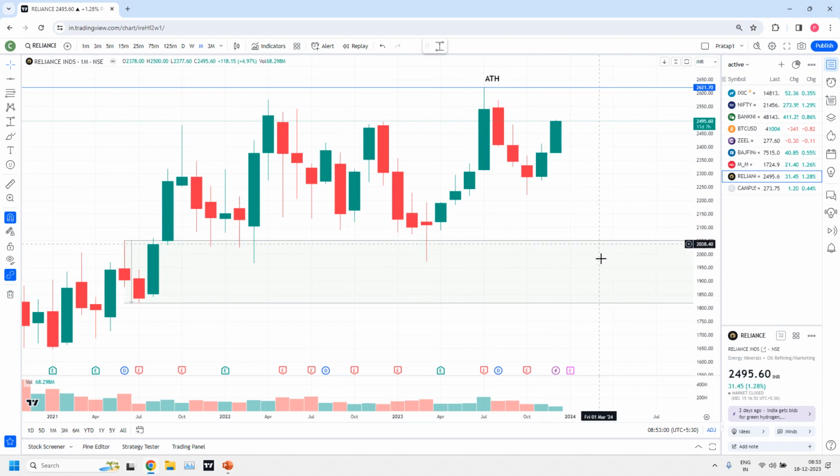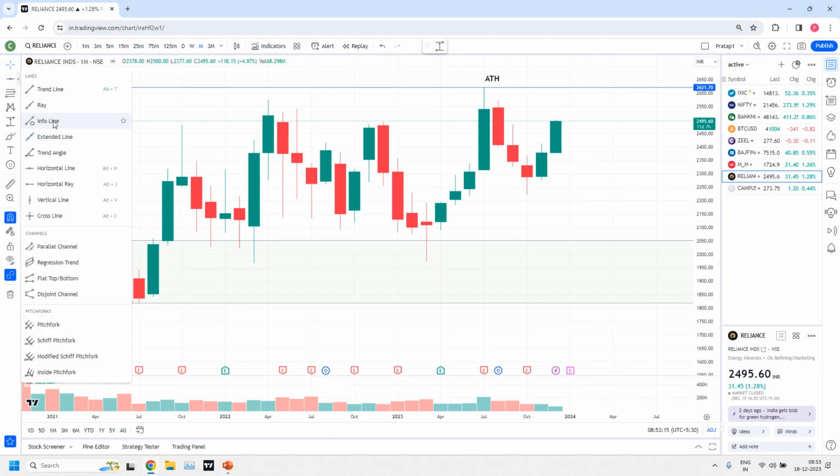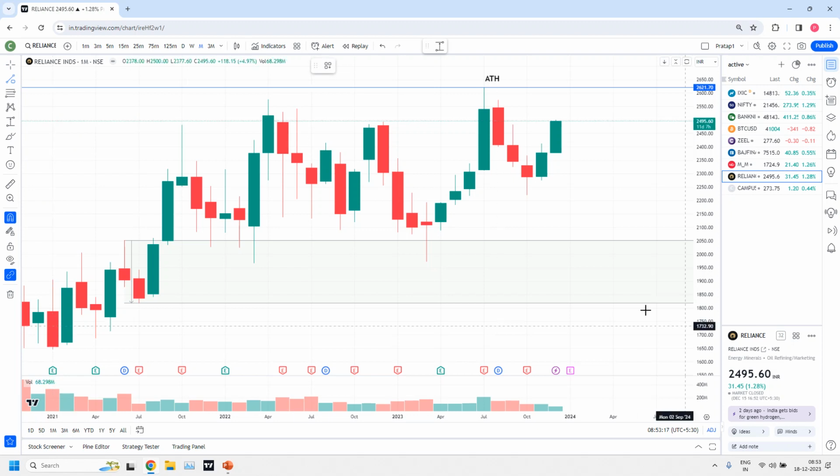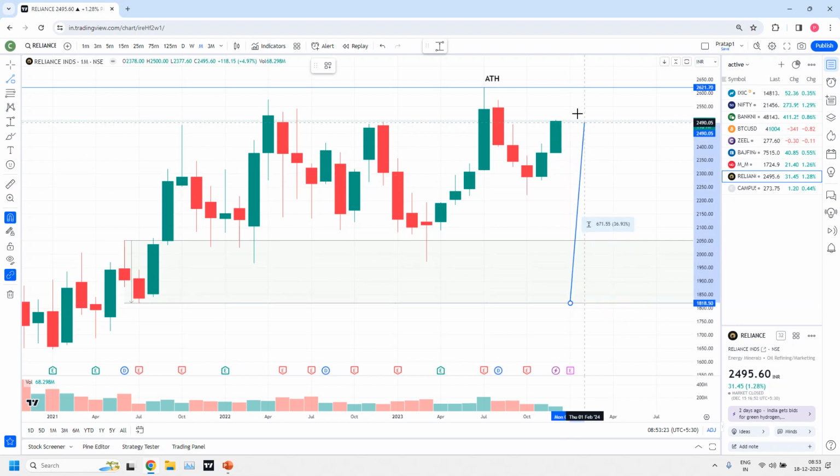So what is the procedure? Now you need to draw the range from the distal line of the demand zone until the all-time high. So let us take the info line from the trend lines. So here we have an info line. Let us draw from the distal line of this monthly demand zone to the all-time high.